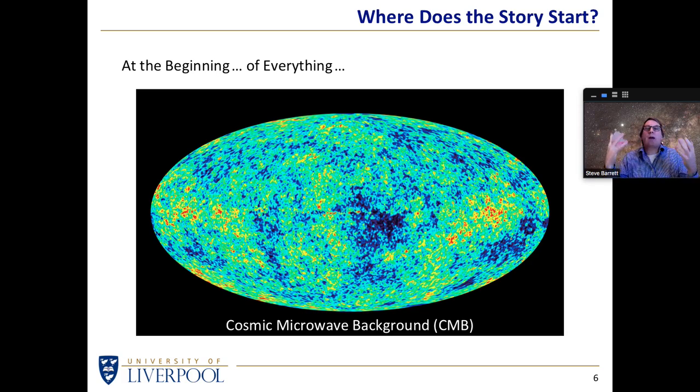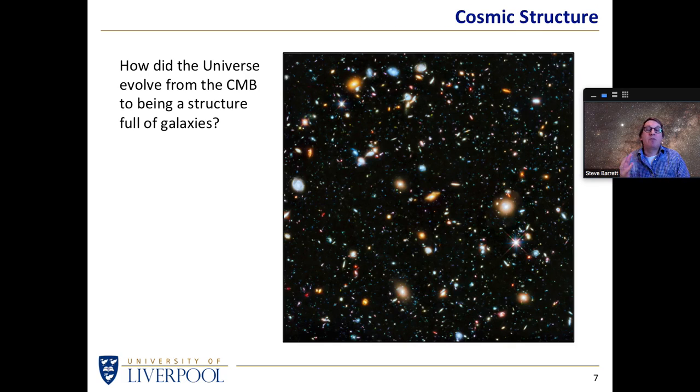The microwave background is effectively the afterglow, if you like, of the Big Bang, the light that was released some time after the Big Bang itself. But if we have a universe which is relatively compact and has a little bit of variation of density and temperature in it, how did we get from that ball of very hot particles to what we see in the observable universe?